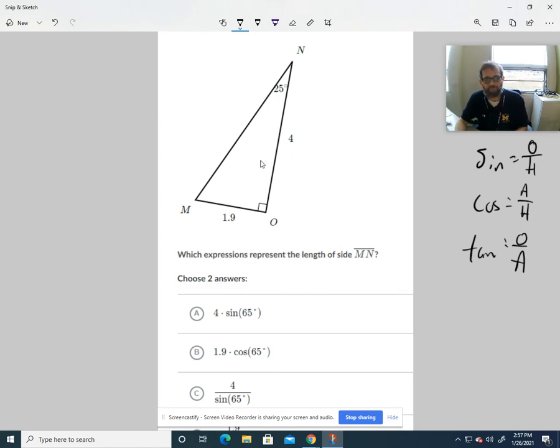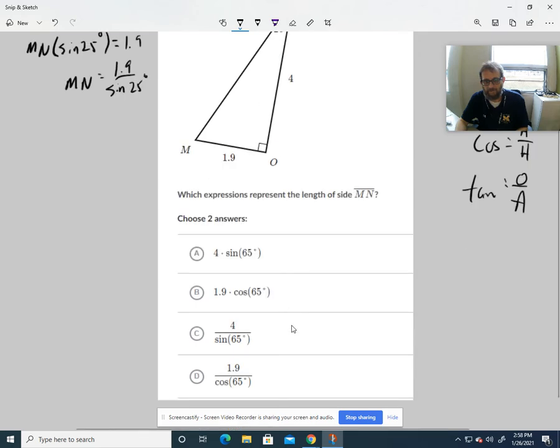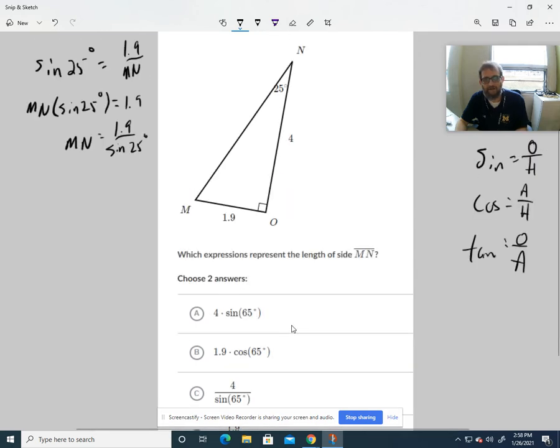So we could say the sine of 25 would be the opposite leg divided by MN. Multiply both sides by MN, and then divide. 1.9 divided by the sine of 25. I don't see that there, so that one's not there.